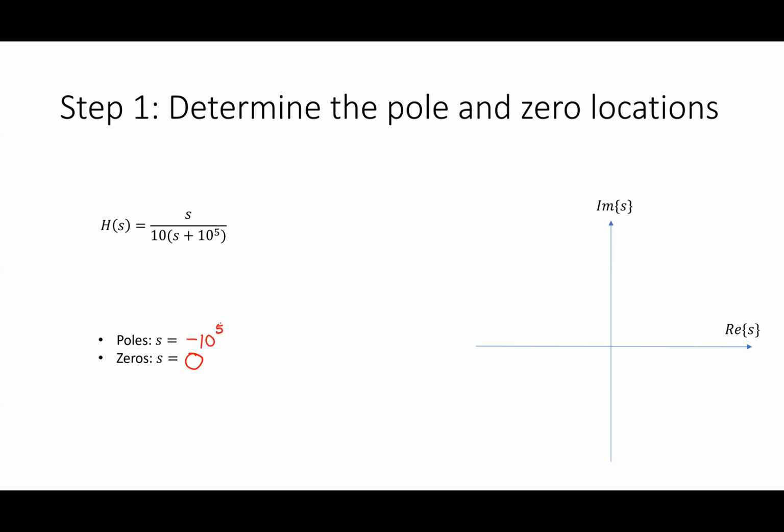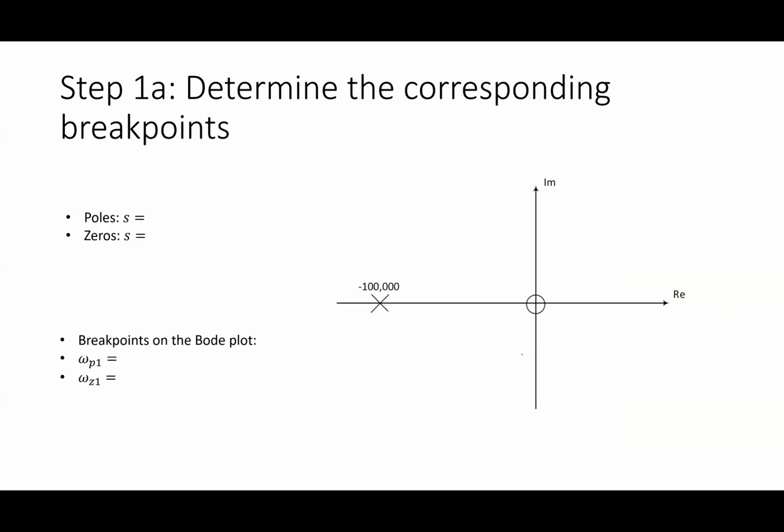Now, on a complex plane, I'm probably not going to ask you this question ever, but I always draw these things on a pole-zero diagram, which you'll do in controls or systems at some point. Now, what I care about is the corresponding breakpoints.